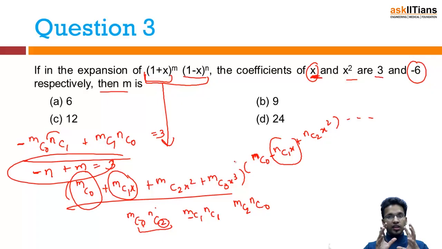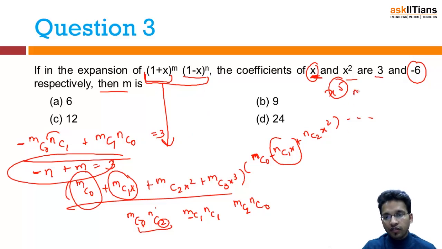The only thing I needed here was picking up the powers. Now suppose x raised to power 5 comes out. So what you will do is start with mC0, then obviously nC5 we will take. Why? Because we need the power as 5 if there are only two multiplications. Now this is all minus, then alternately it will be plus mC1 nC4, plus mC2, or sorry, minus nC3.